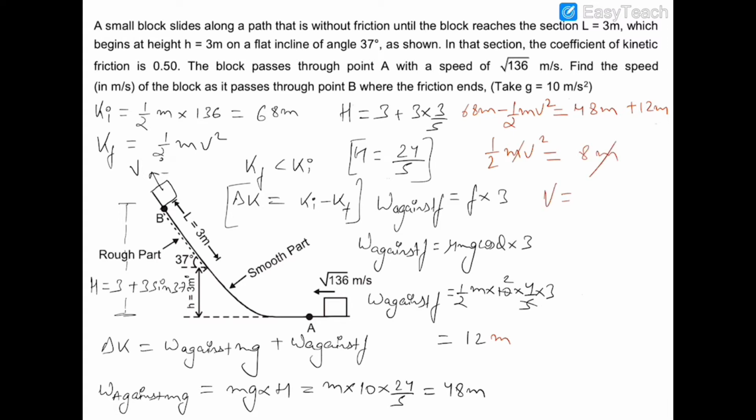So v will be equal to 4 meters per second. So this block crosses the point B with a speed of 4 meters per second.